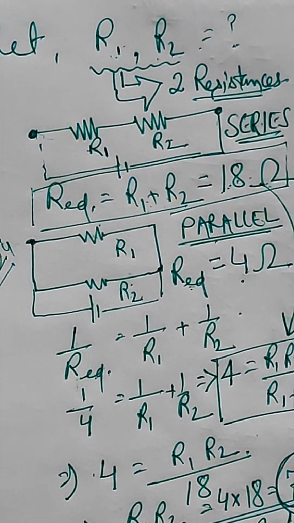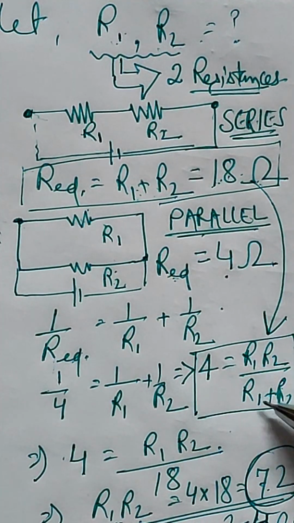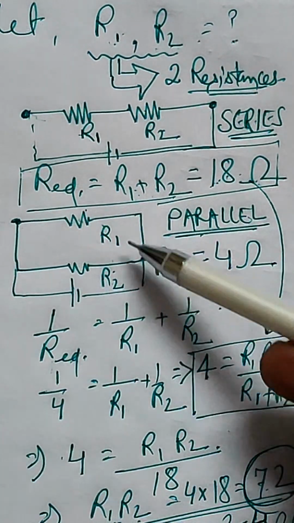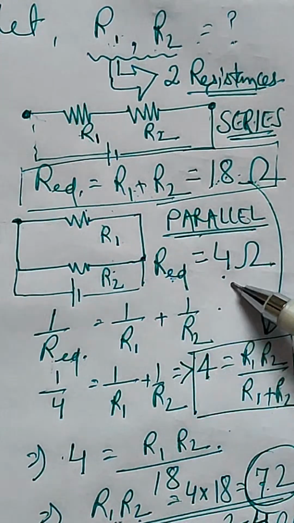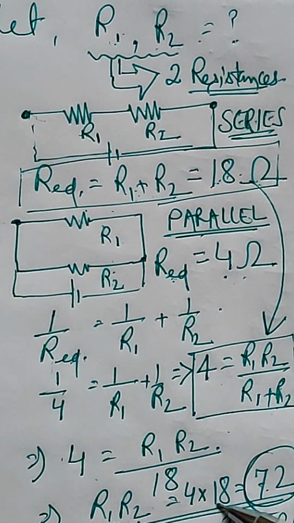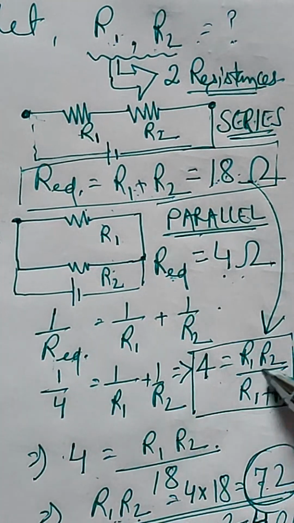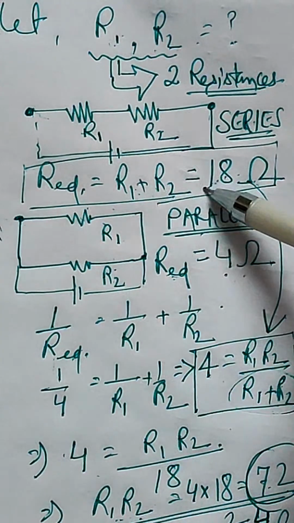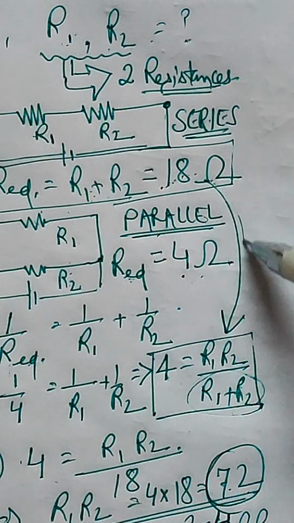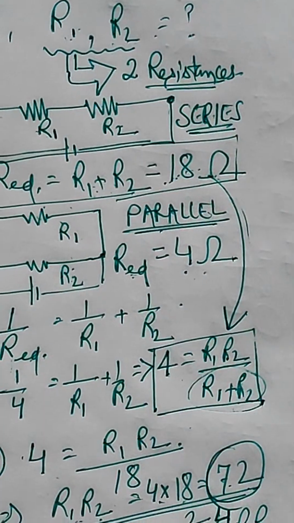We put the equivalent resistance as 4 ohm, so R1 R2 is equal to 4 into 18, which is 72, because we place the value of R1 plus R2 as 18 ohm. Finally we get the product of R1 and R2 as 72.